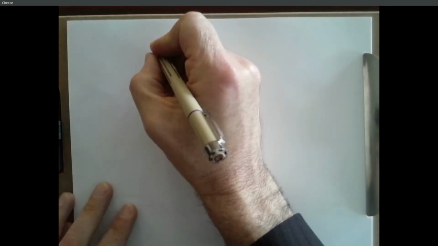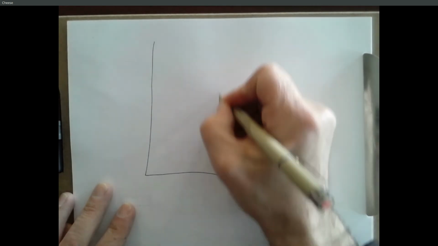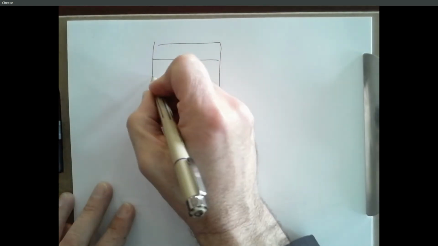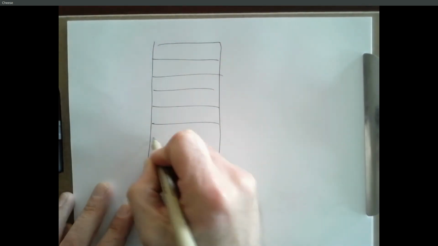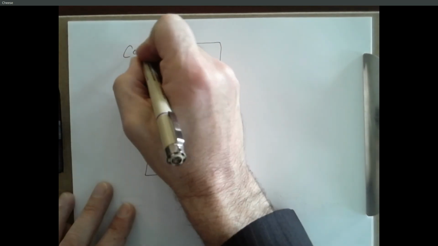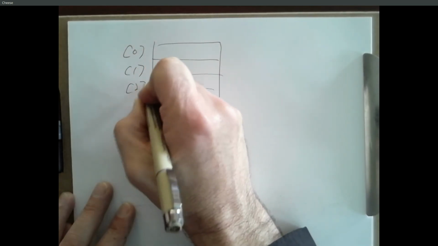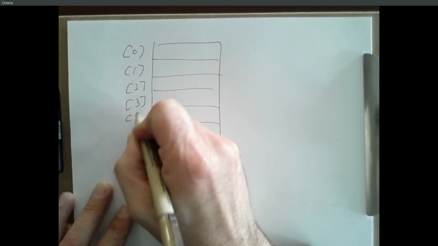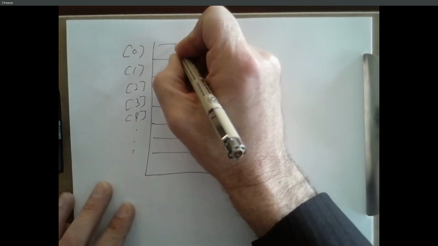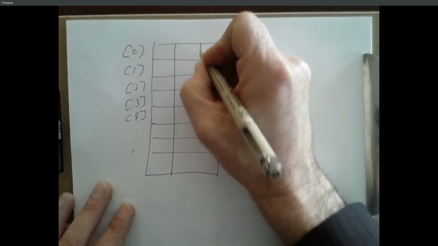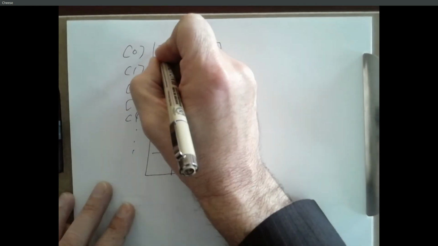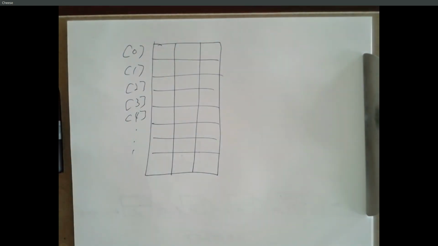We're going to make an array of structures. So a structure for now, just remember, it's something that has multiple pieces to it. So an array of structures looks like this. It's an array. It's got indexes. And I'm going to give each element of this array 3 fields.